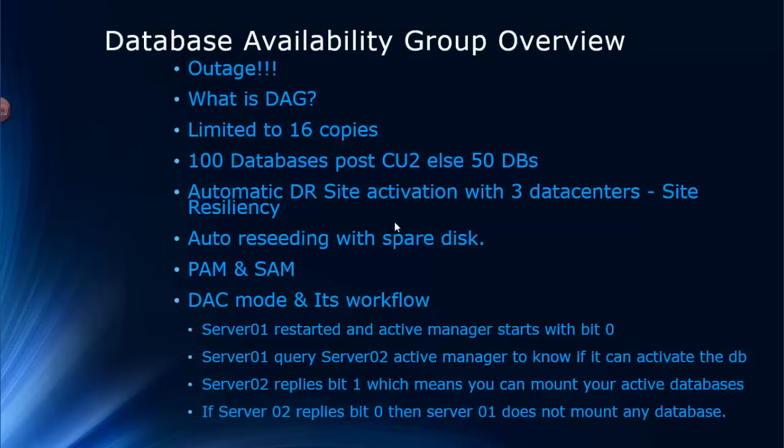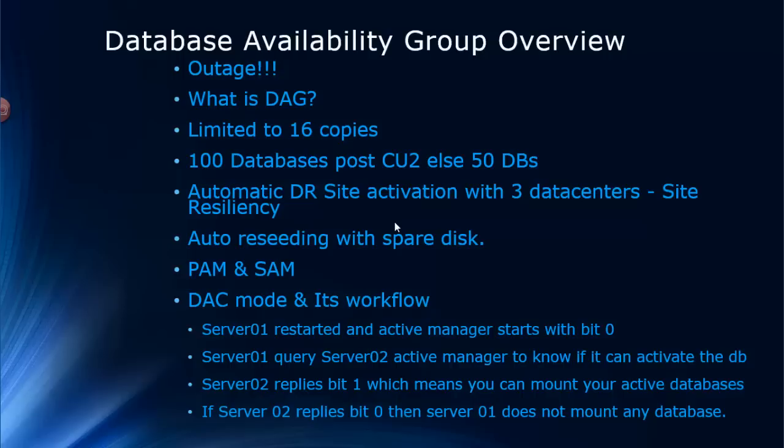All right, so what is DAG? DAG is a cluster. We know clustering from a decade or more than a decade. It has been here forever. So we have been using clustering in 5.5, 2003.